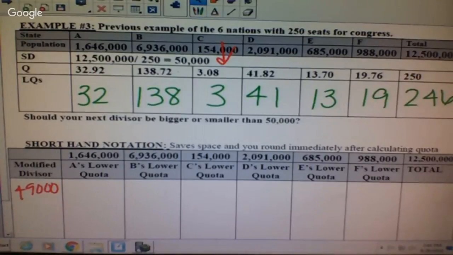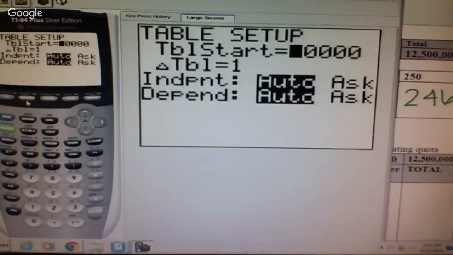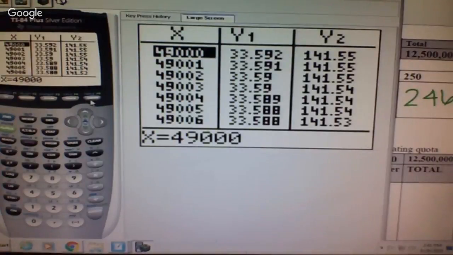Again, save yourself some time. Go to your calculator now. Go back to your table setup. Hit second window. Change 50,000 to 49,000. Okay, and go to your table. This will change all of your standard divisors, and all you need now are your lower quotas.